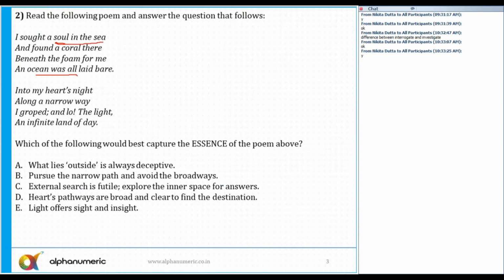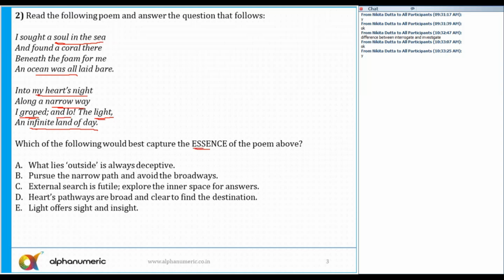"But when I looked into my heart's night, along a narrow way, I groped, and lo, the light, an infinite land of day." That means when I looked inside, there I found an infinite land of day. So there I found the truth, the reality.